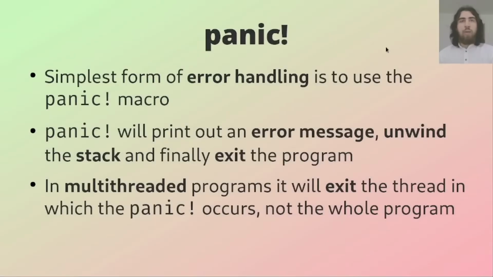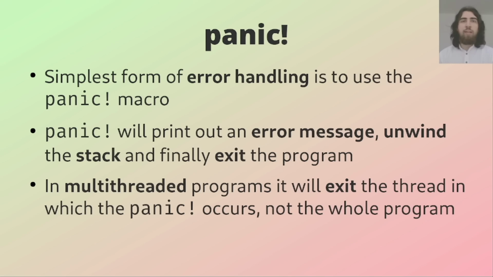Now we will cover error handling, and the simplest form of error handling is to use the panic macro. Panic will print out an error message, unwind the stack, and finally exit the program. Now, unwinding the stack means that when you actually execute the program, then we have seen that the local variables and the function calls will be pushed to the stack.